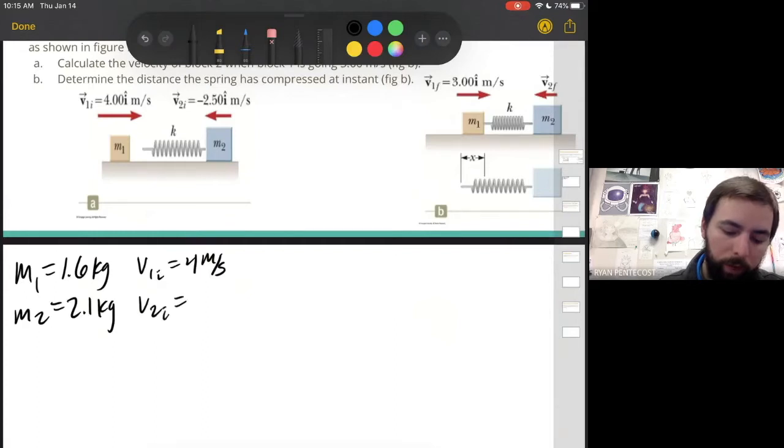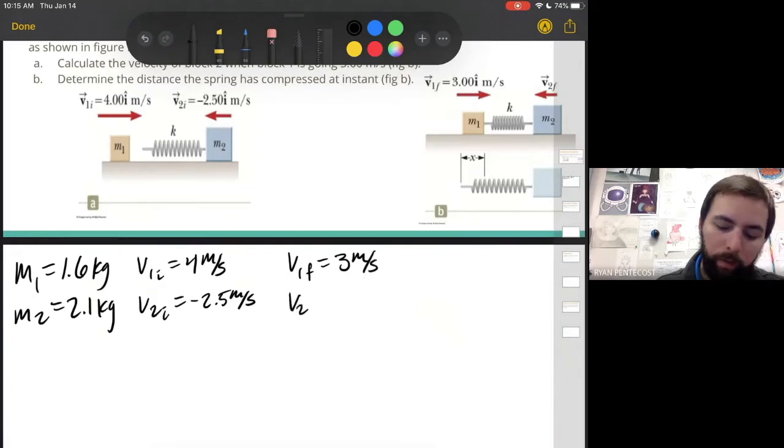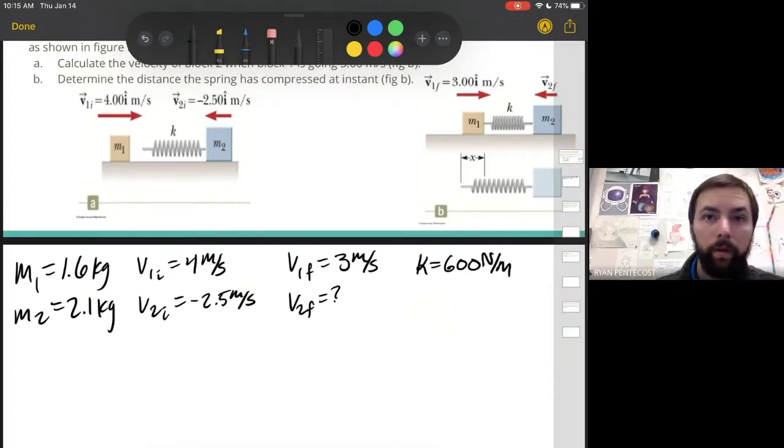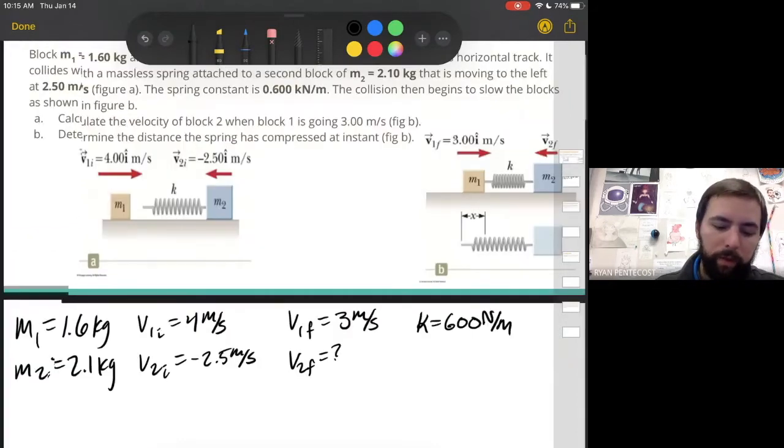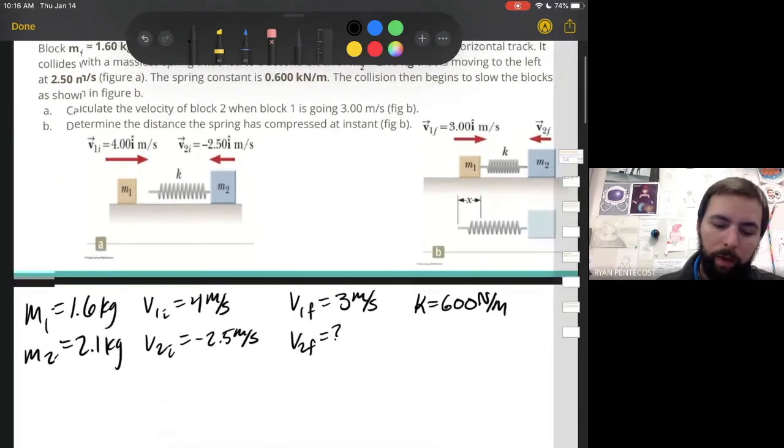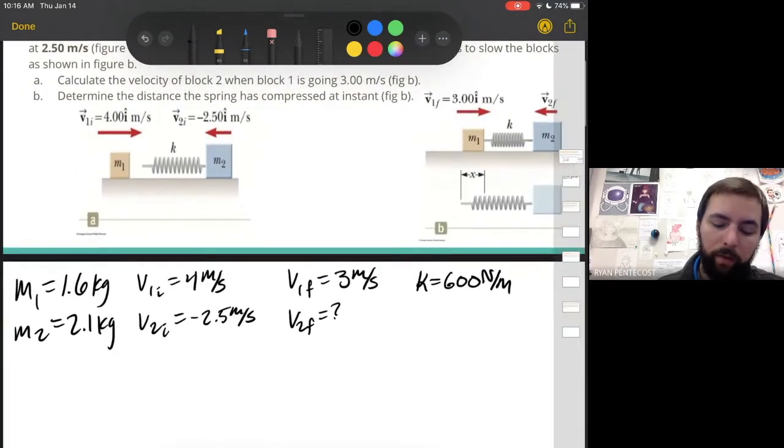V2 initial, I'm going to say, is in the negative direction, negative 2.5 meters per second. V1 final has slowed down to 3 meters per second, and we don't know V2 final. We do know the spring constant is 600 newtons per meter. You need to convert that, since it was 0.6 kilonewtons per meter. I believe that's everything. So now we need to find V2F, then we need to find delta X.